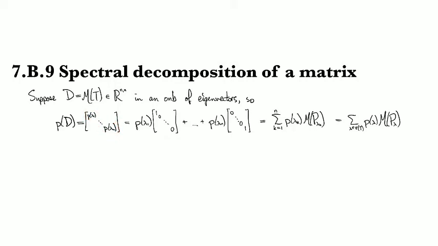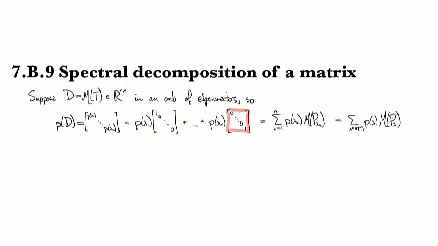So now we can pull this apart as a linear combination. We've got p of lambda 1 times the diagonal matrix with 1 in the first place and zeros everywhere else, summed up through p of lambda n times the square matrix with zeros down the diagonal except for a 1 at the last place. And you can see that this is the matrix of projection onto the first coordinate, right? It just extracts the first coordinate, and this is projection onto the last coordinate.